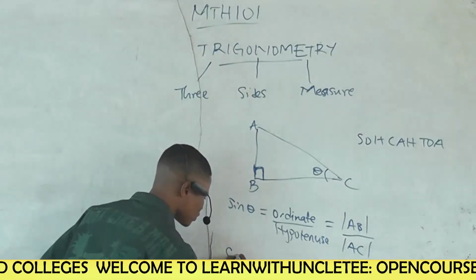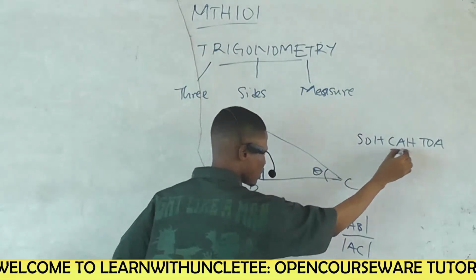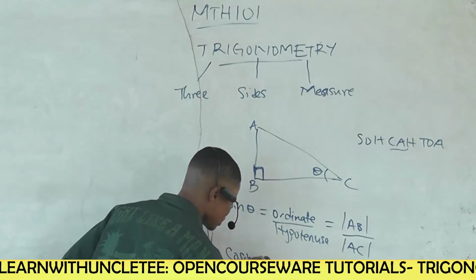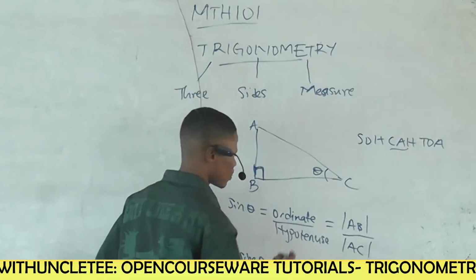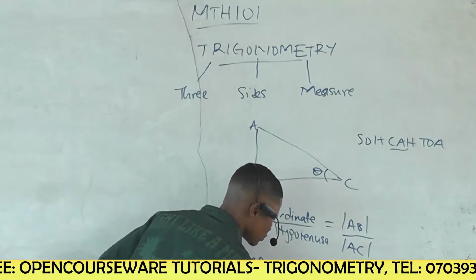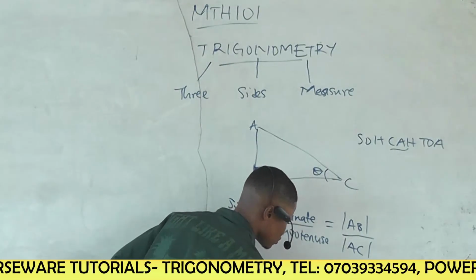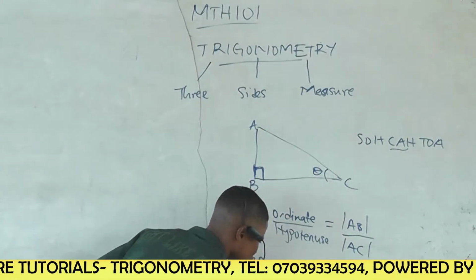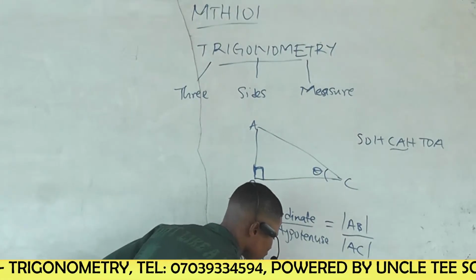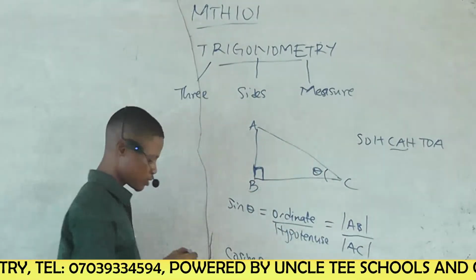Now we have cosine. Cosine theta equals abscissa over hypotenuse.